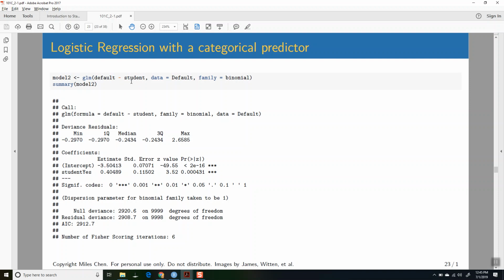And what R does, just like we saw for linear regression, is that it's going to take this categorical variable and make dummy variables out of it. Student has only two values, so you're just going to have one dummy variable. You basically get dummy variables for each category minus one, because the last one is redundant.